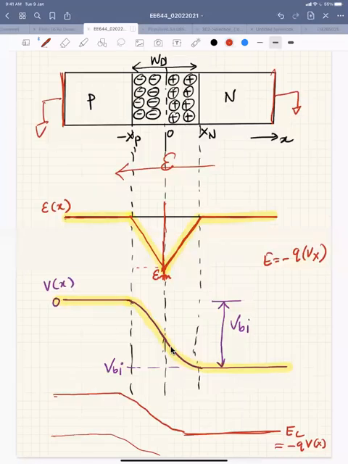You cannot really measure VBI by a potential measurement. If these are two metals of the same kind and you're not applying any voltage, then their Fermi levels will not show any difference, so we couldn't measure any voltage difference.